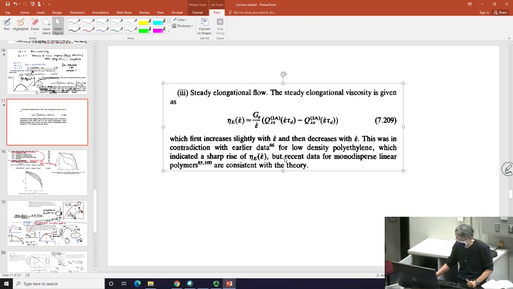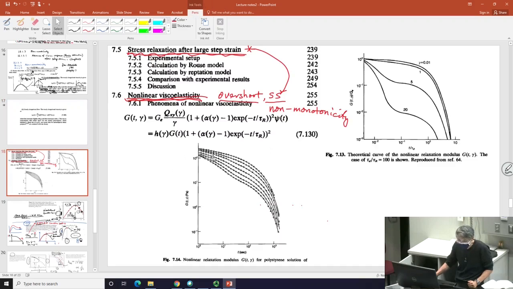And then they commented that more recent linear polymers seem to be consistent with the theory. To me, it's already an indication of a big discrepancy, a struggle between theory and experiment. Just my opinion.